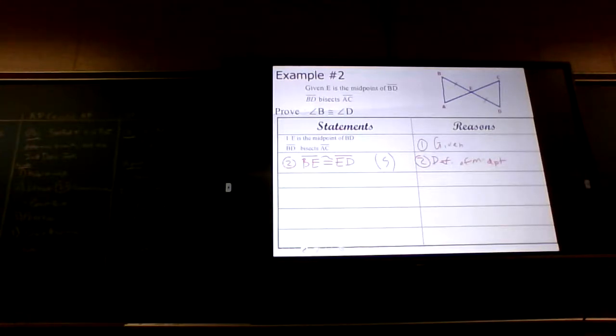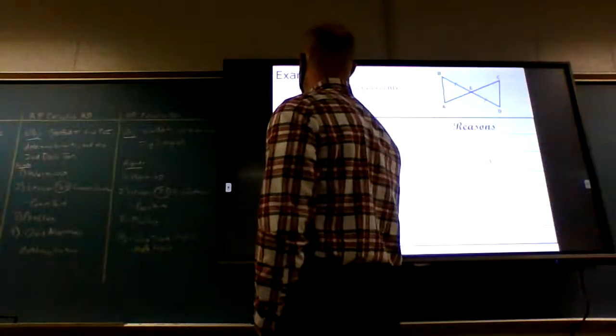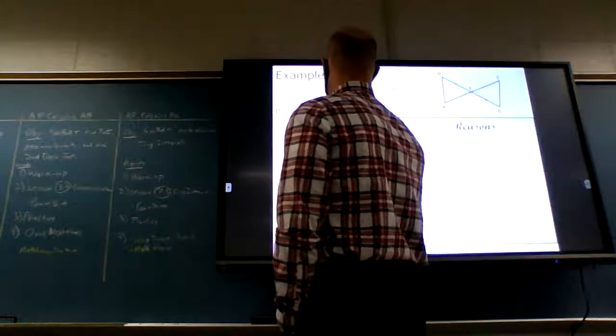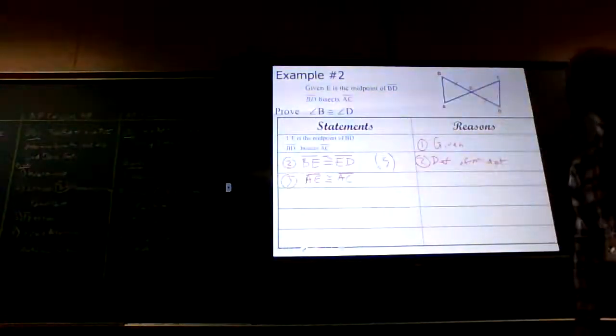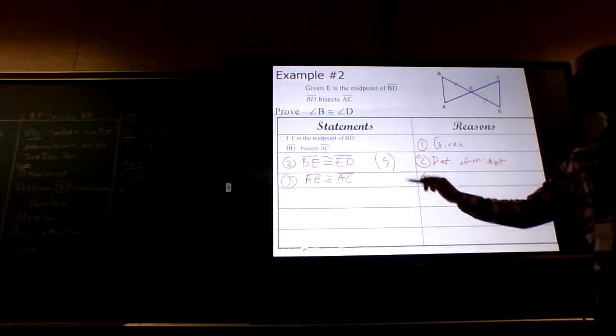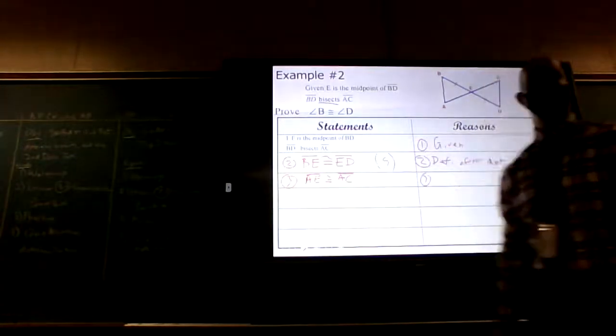Now look at the second part of the given. It says segment BD bisects AC. It bisects AC. So guess what that means about AE and EC? Yep. Why is that true? Oh, because it's a bisector.